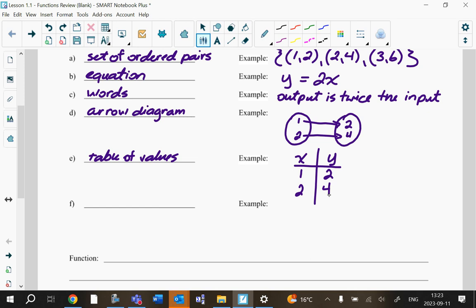And if we have a table of values or an equation, the last way is we can take one of those and graph it. So if we graph this one, it would look something like that. Those were all the different ways we could show a relation.